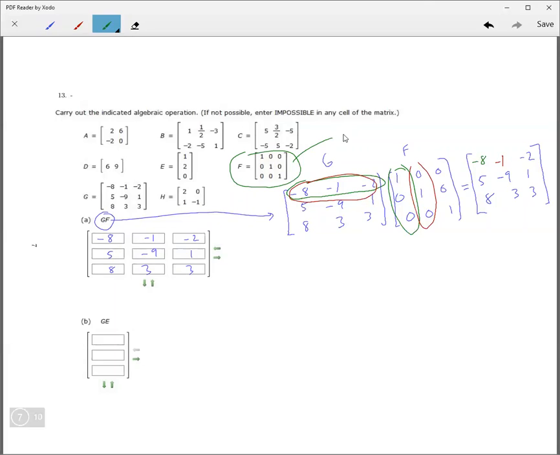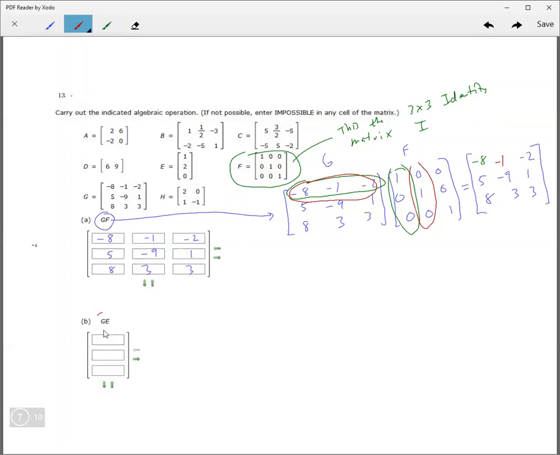This is the 3 by 3 identity matrix. It's usually referred to as I, matrix I. Or if you wanted to say that 3 by 3, then maybe I3 or something like that would work. But just I is fine. Okay, let's go on to part B.